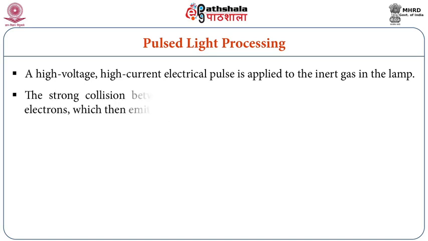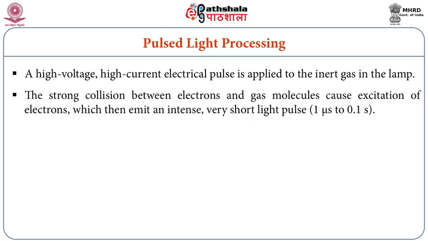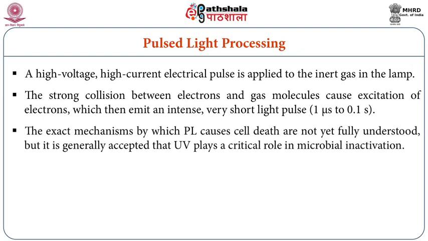The strong collision between electrons and gas molecules causes excitation of electrons, which then emit an intense, very short light pulse of 1 microsecond to 0.1 seconds. Actually the exact mechanism is not known, but because of this intense electrical current, it produces that strong high intensity light.